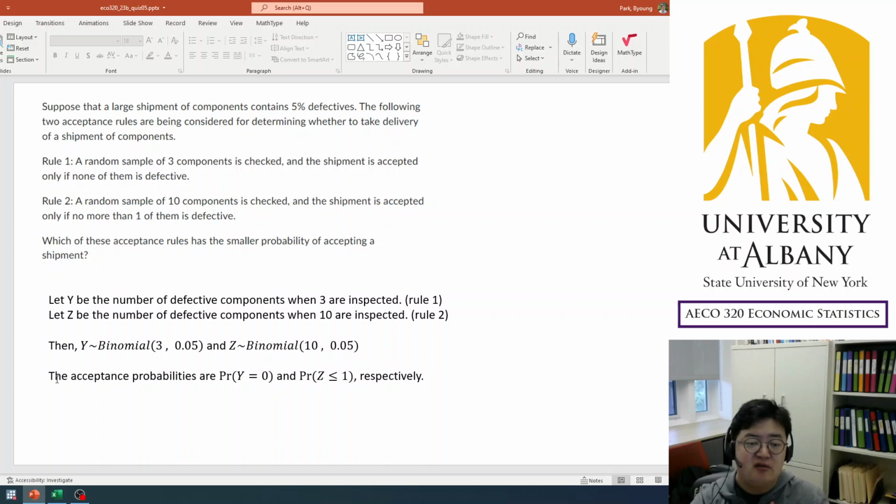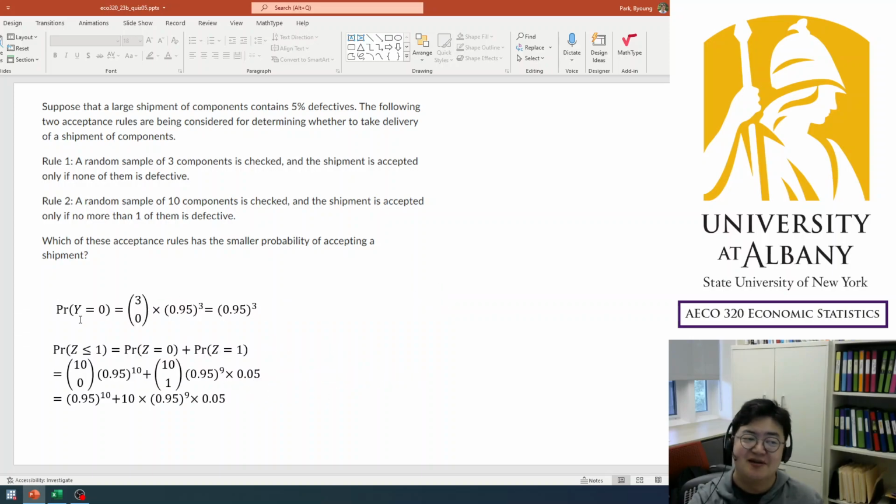And then finally, we are going to compare the acceptance probabilities. In rule 1, y should be 0, right? In rule 2, z, the number of defects, can be 1 or 0, then it's accepted. Which is smaller? We are going to calculate the binomial probabilities. It is doable, the numbers are not that complicated.